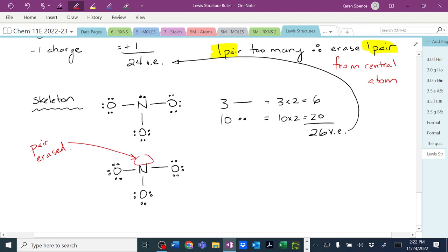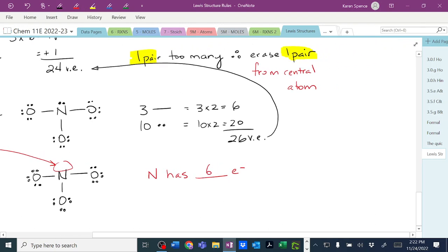Now you look at that and you say, now N has how many electrons? 6 electrons. So when we erase 1 pair from the central atom, then we need to also move 1 pair of lone electrons into a bonding position.